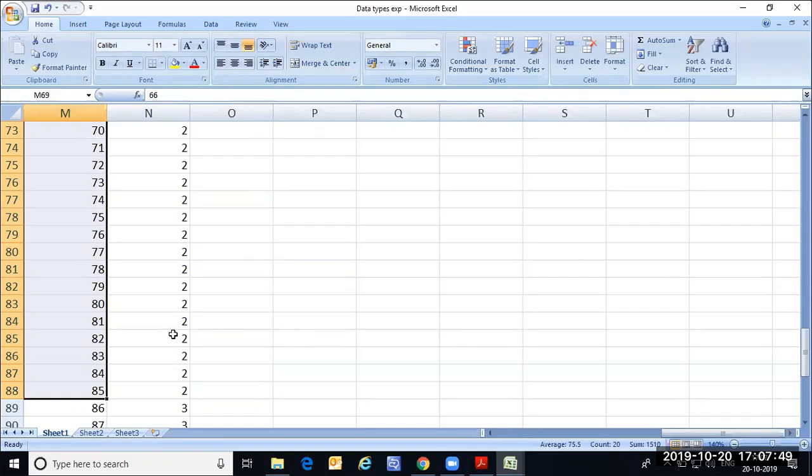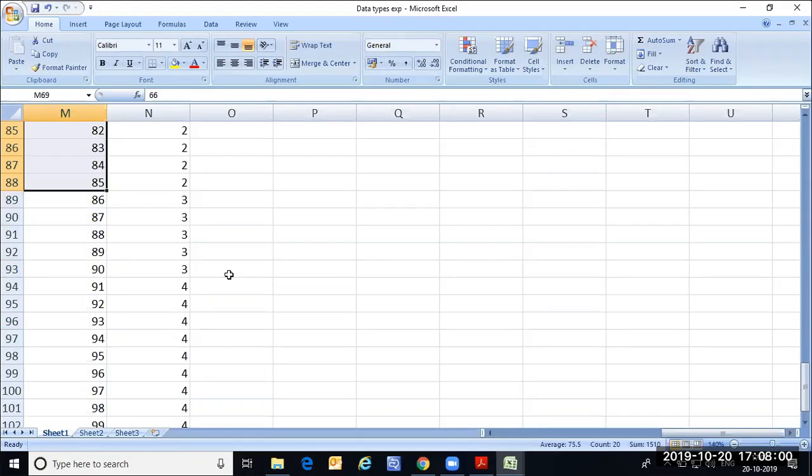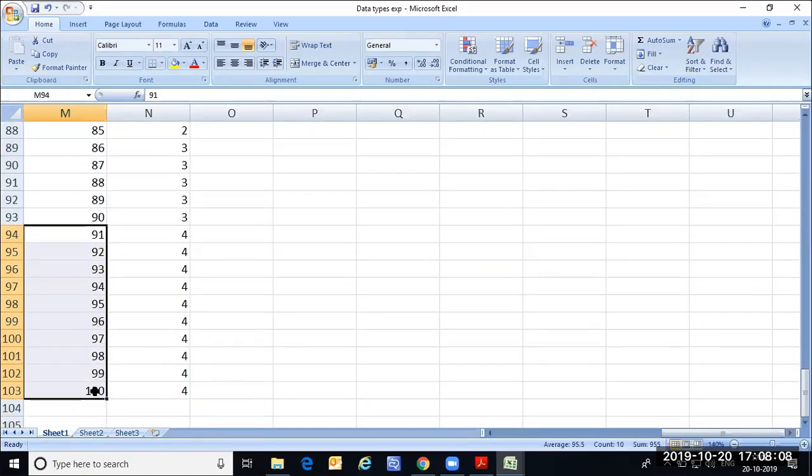Need not be in the same sequence. It could be random. But overall extrapolation, it means the same. And for next 5 days, 86 to 90, I'll be able to sell 3 TVs. For next 10 days, I'll be able to sell 4 TVs.